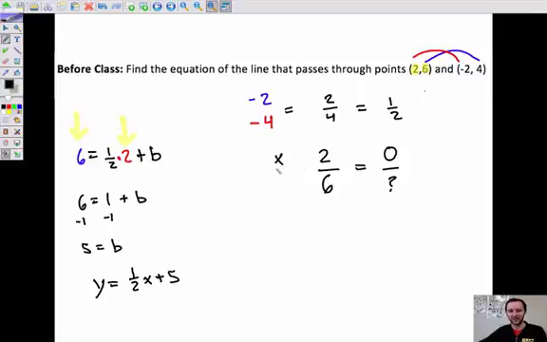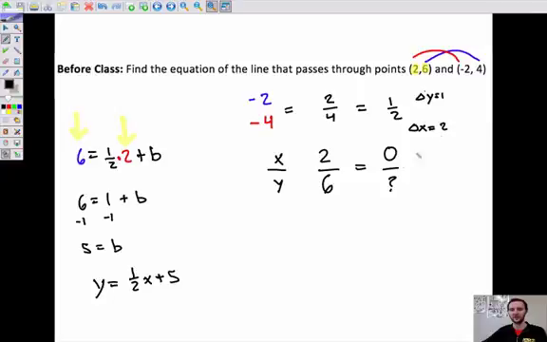What I've set up is x over y, right? And what this slope tells me right here is that if I increase my x by 2, change in x is 2, change in y is 1.